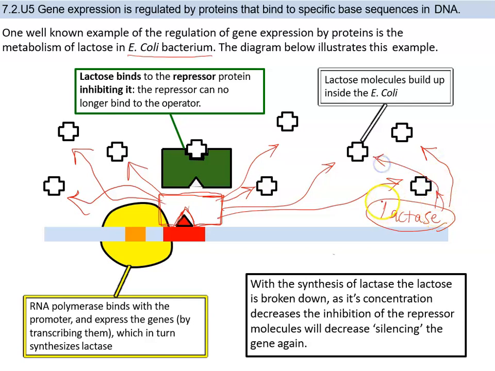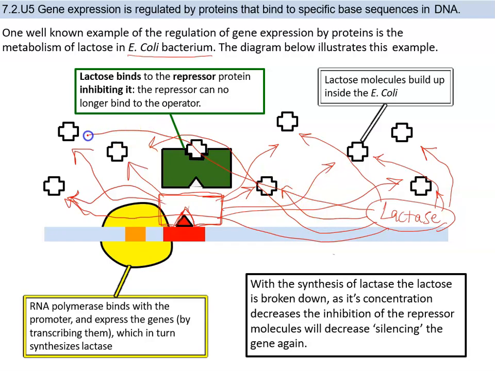So lactose will be broken down after the lactase is produced, and the lactase will break down this sugar, because it is important for digestion that the lactose is broken down.